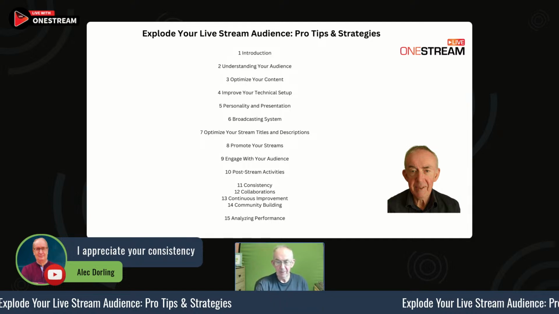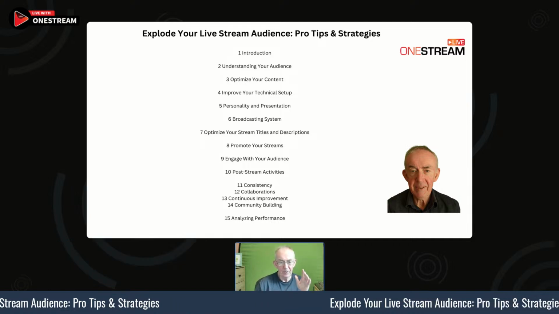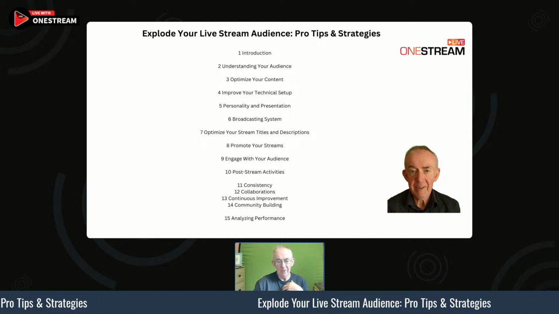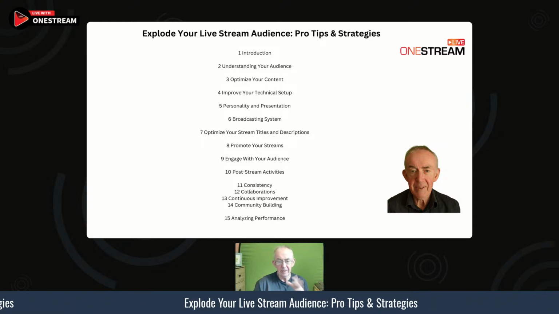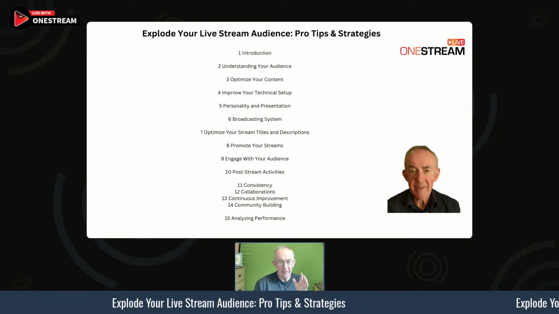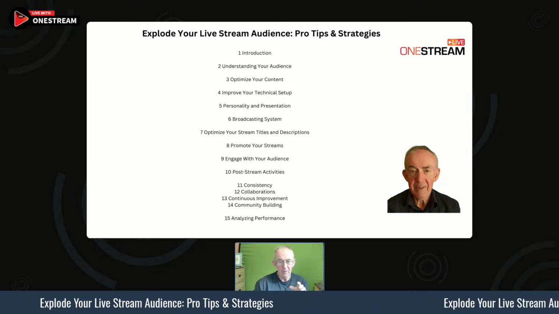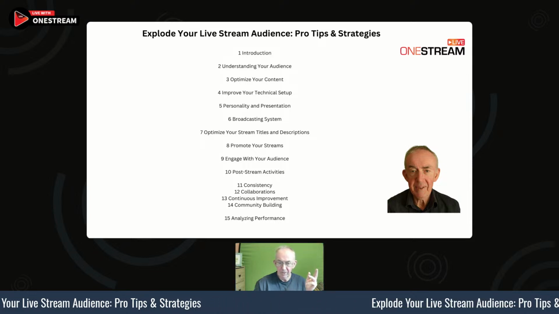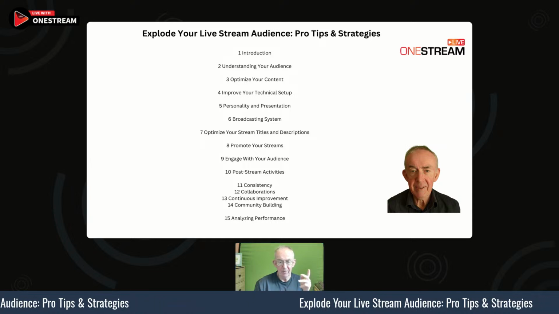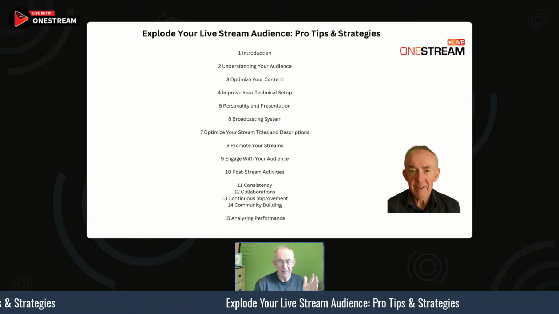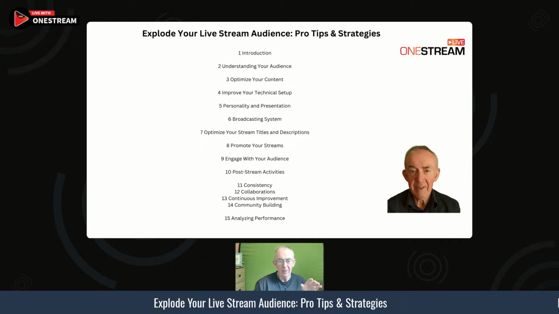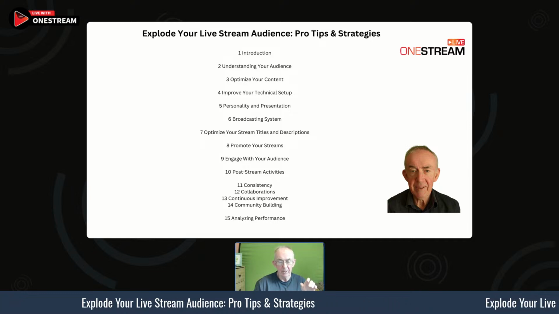Well, consistency works two ways. I know when I'm going to go live during the week, and that is at least 5 times a week on a consistent schedule: Amazon Live, OneStream Live, Blabbing for Britain, and Ask Angelica. Those are the shows we do on a regular weekly basis.